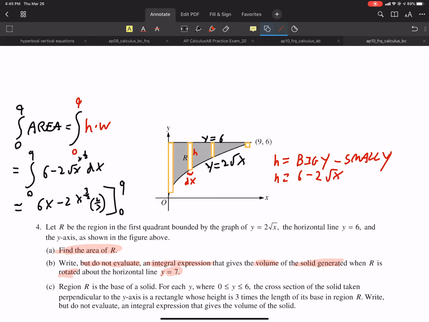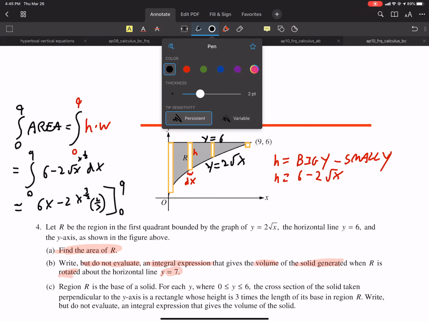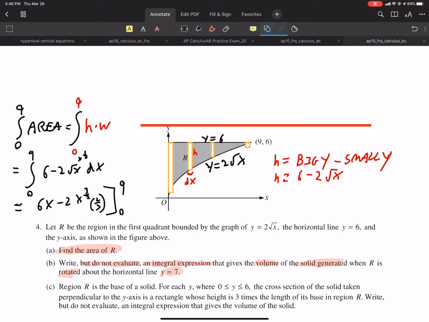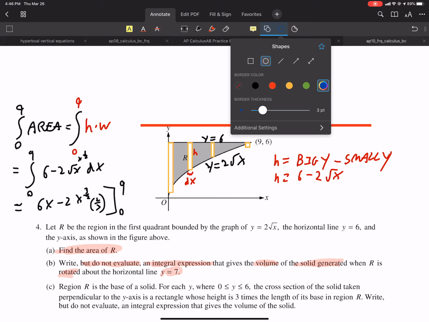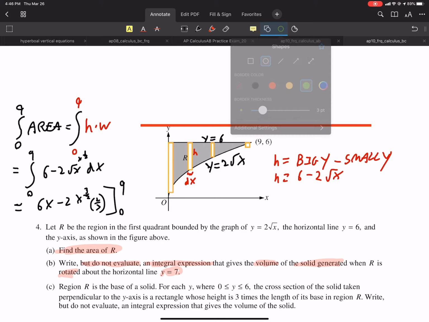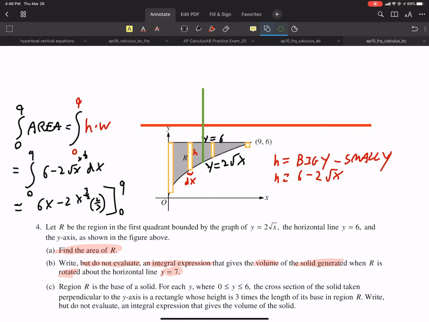So we're going to rotate it around the line y equals 7, so that's going to be right here. You should realize, oh, I can make ovals. We're going to have big ovals and small ovals. As the outside's rotated, you're going to get that.